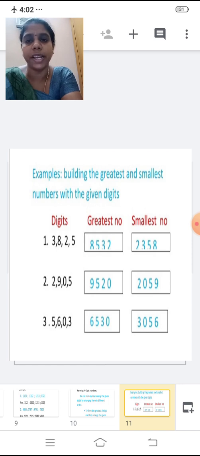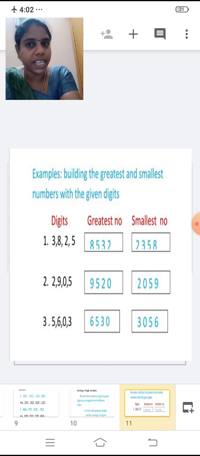Now tell me, which is the bigger number out of these? 3, 8, 2, 5. 8 is bigger, right? So I'm writing 8 first, then 5, then 3, then 2. How will you form the greatest number? You have to arrange the digits in descending order.